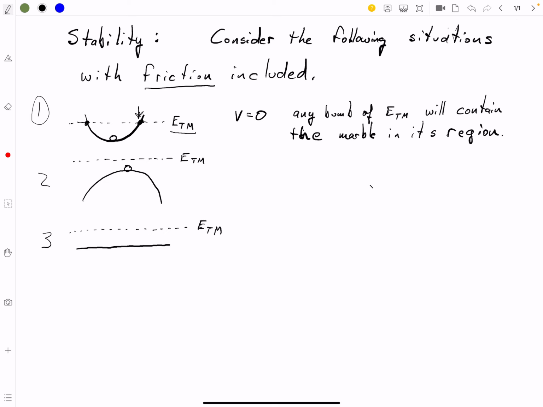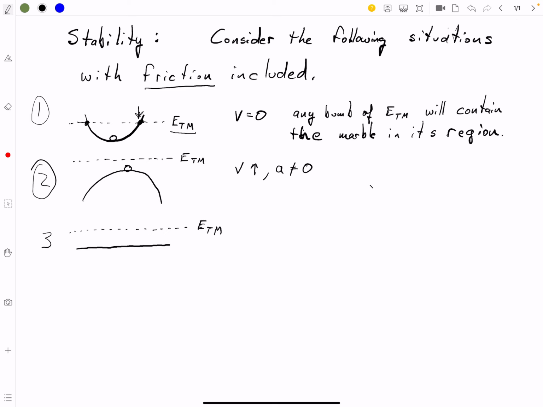Now, let's say we're looking at number 2. Here we go. We're going to bump that marble with energy E_TM. And in this situation, that marble will accelerate. So not only does v increase, a is not equal to 0.